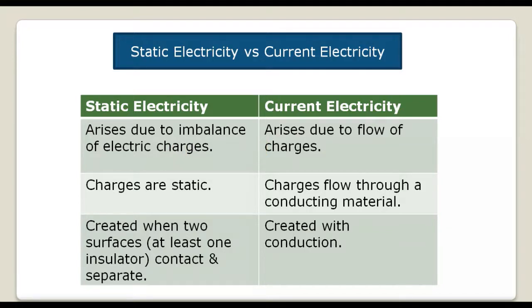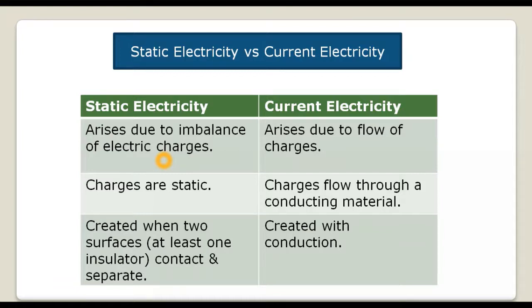The word static means when something is at rest. So static electricity arises due to the imbalance of charges. Now, what do we mean by this? That means when an object either has an excess of charges or has fewer charges. That is imbalance of charges.